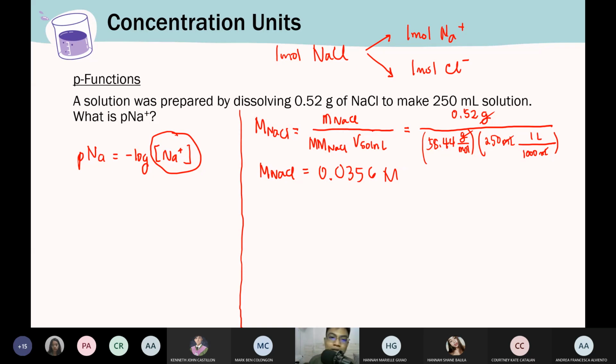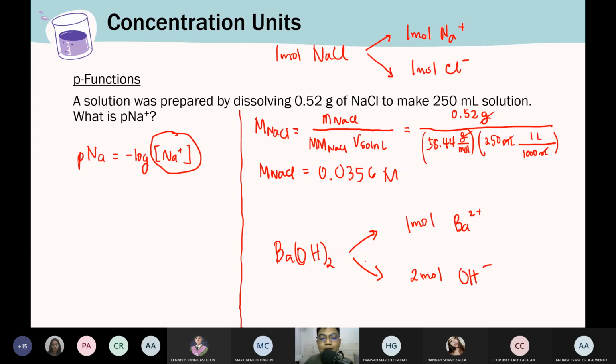Luckily, in our case, 1 mole of NaCl gives just 1 mole of sodium. But what if it were barium hydroxide? How many moles of barium will we produce? We will produce 1 mole of barium 2 plus, but for OH, you will produce 2 moles of OH anion.